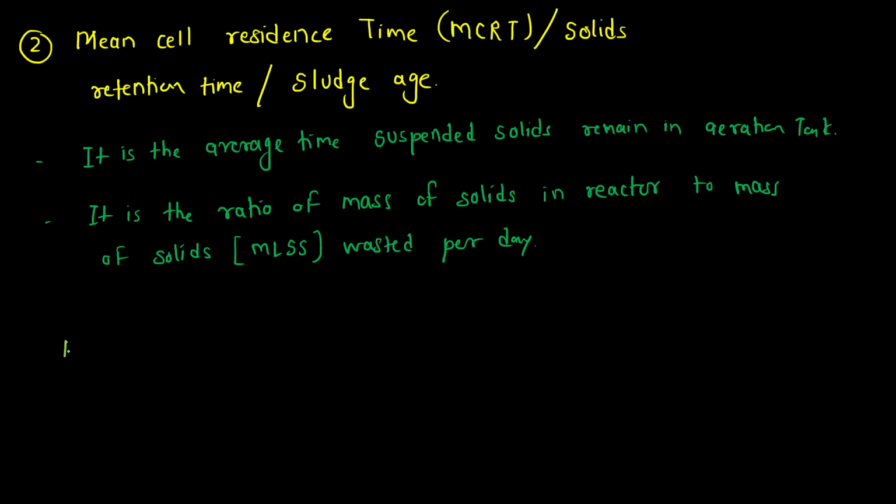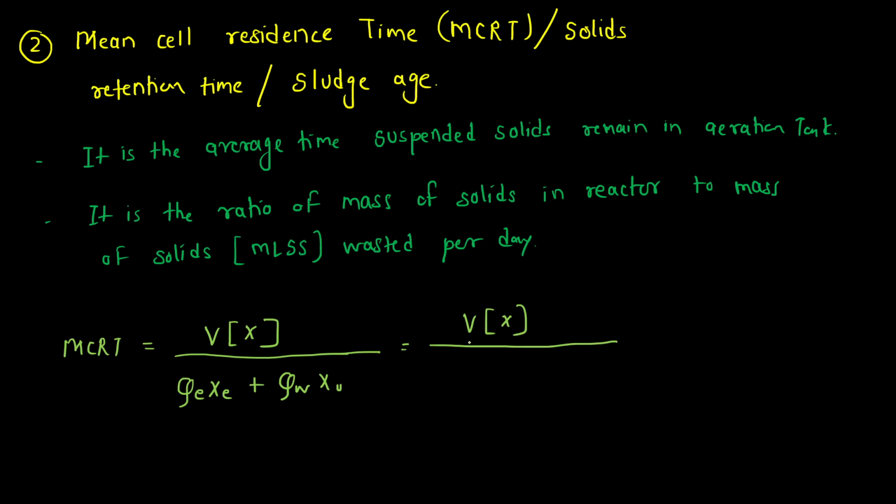Okay, so MCRT is equal to, what is the mass of solids in the aeration tank? That is V into X. What is the mass of solids wasted per day? It is calculated like this: QE into XE plus QW into XU. Most of these formulas are empirical only, so no need to go into much derivation here.